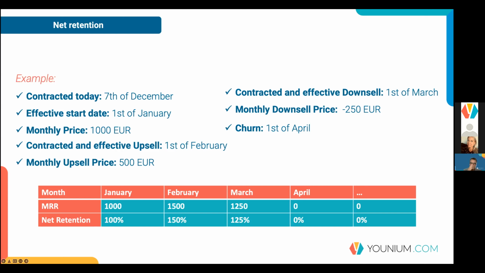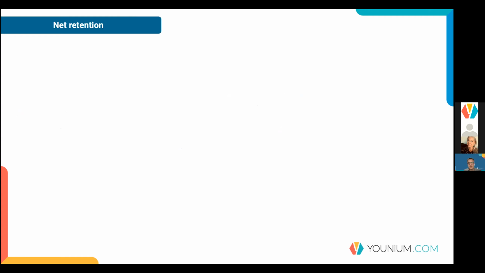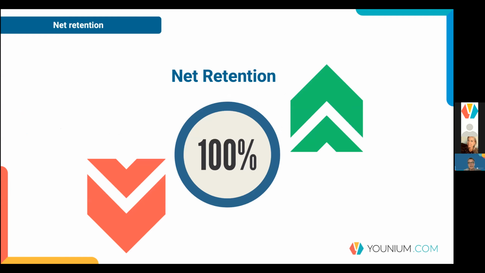So let's think a little bit about this. I'm assuming a lot of you have used or at least seen net retention rate as a metric, which is quite popular. So let's zoom out a little bit and look at our whole subscription stack. If we have a net retention below 100%, that means that our current subscription stack is contracting, right?